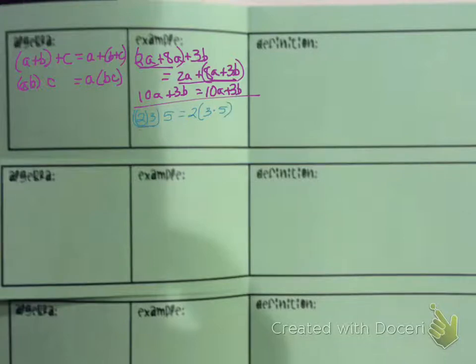If I do it this way, I'm going to do the 2 times 3 first, and that's going to be 6 times 5. Over here I'm going to have 2 times 3 times 5 is 15. 6 times 5 is 30, and 2 times 5 is also 30. So it checks out. It's going to give me the same answer either way. Okay.